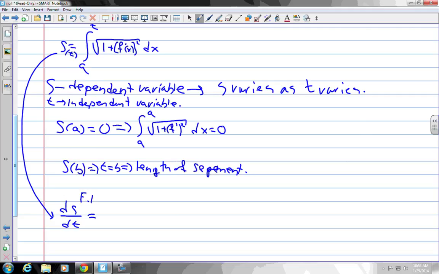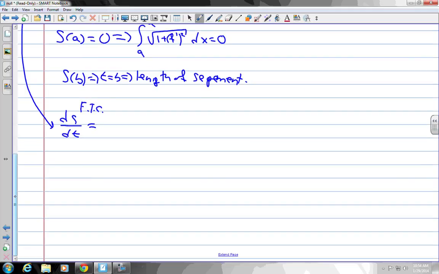That's the fundamental theorem of calculus part 2 according to your book, part 1 according to the rest of the books. But it's the one that you don't see very often, okay? So let's just call it the fundamental theorem of calculus. You just get the integrand, the square root of 1 plus f prime of t squared. That's the fundamental theorem of calculus.